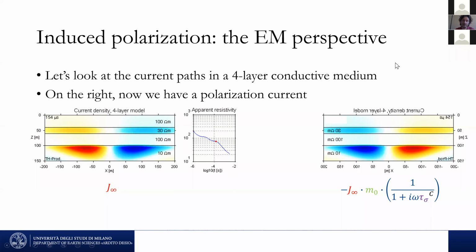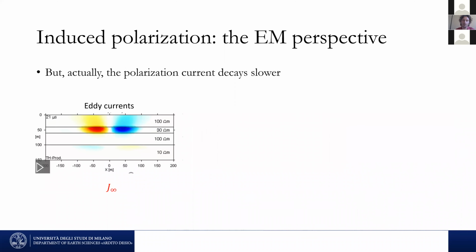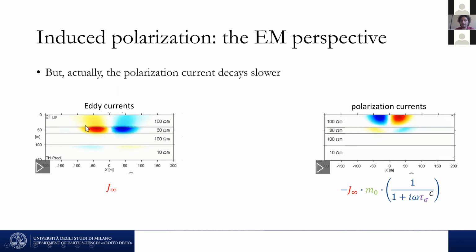And actually, this image here is not correct in terms of timing, because if these are our eddy currents after, I don't know, 21 microseconds, our polarization current will be in a different place, because the polarization currents decay, like a polarization phenomenon, in a slower way. So while our eddy currents have already reached, for instance, the second layer, our polarization currents will still be in the first layer. And the sign of this current will be opposite.